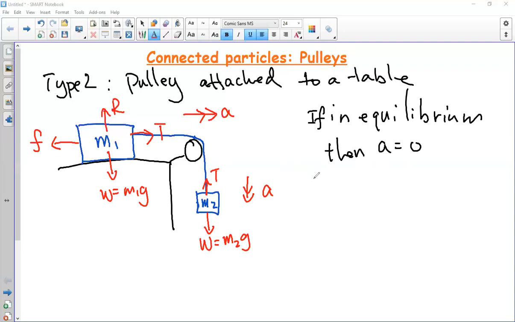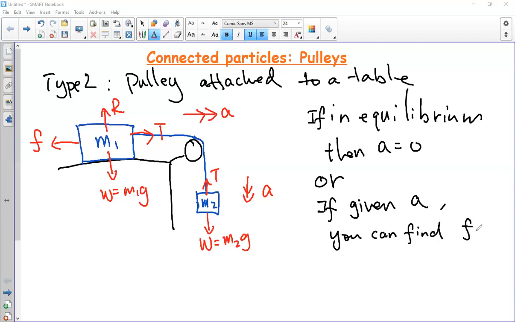Or if the box is moving, that means you will have an acceleration, so it must be given in the question. If given the acceleration, you can find the friction force.